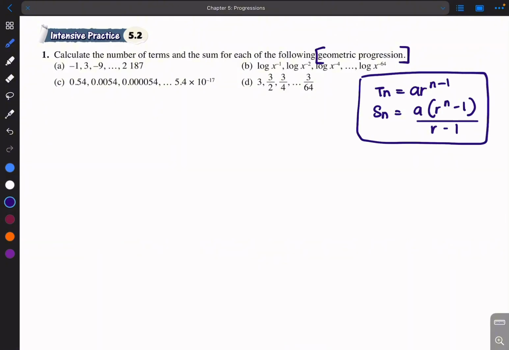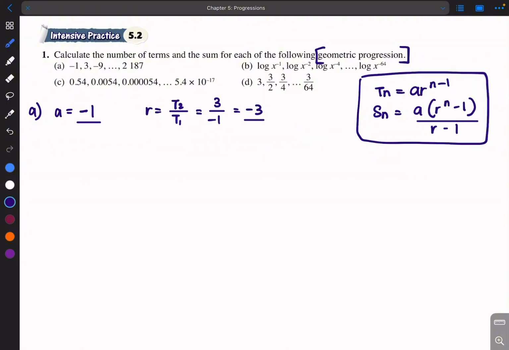Alright, let's look at a. So first we need to find what is a and what is r. a in this case is just the first term lah. So it's just negative 1. r will be T2 over T1. So we write T2 over T1. T2 is 3, T1 is negative 1. So r is negative 3.